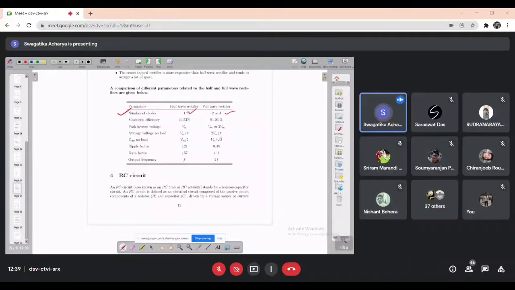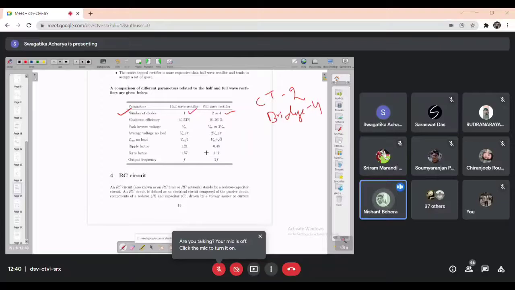In half wave rectifier it will be one, in center tap it will be two, and in the bridge it will be four.